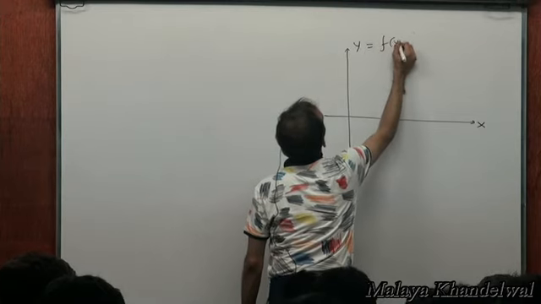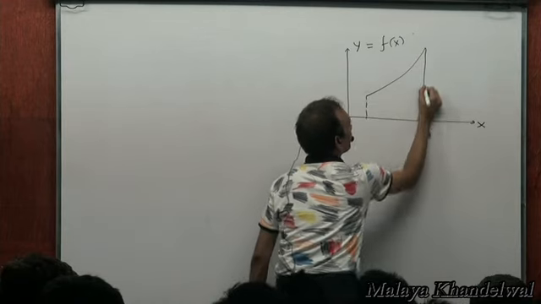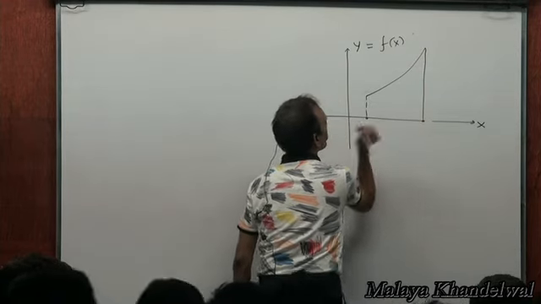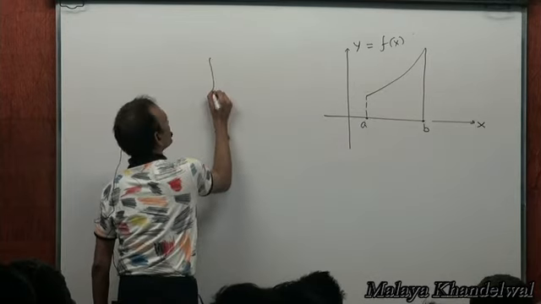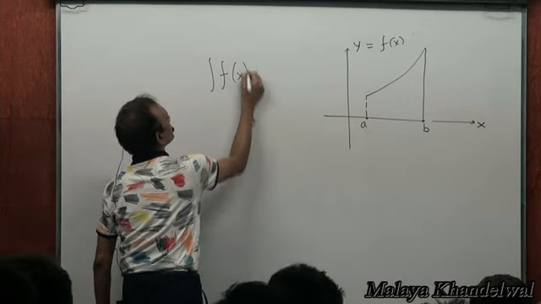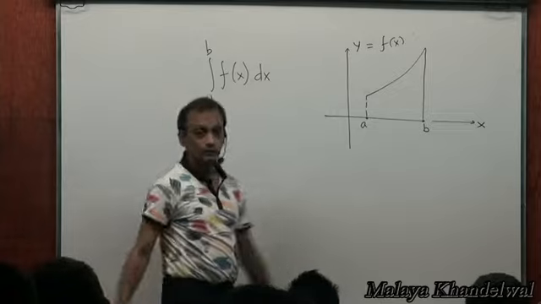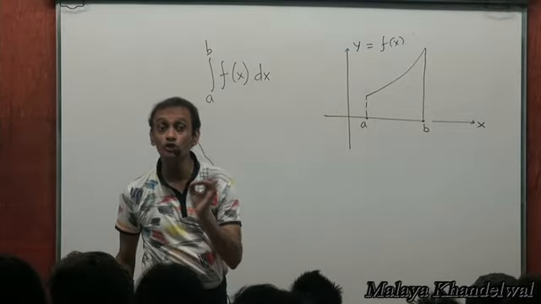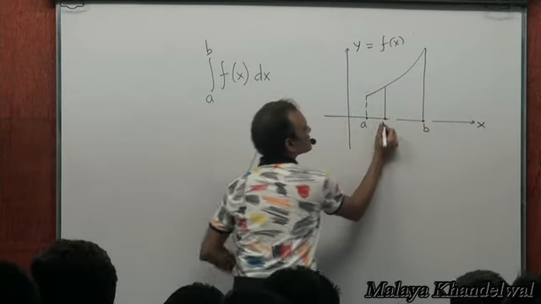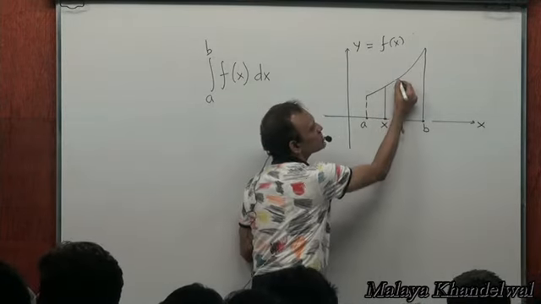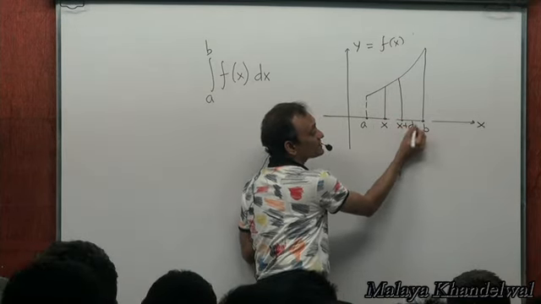When I talk of integral fx dx, x equal to a to x equal to b, then what I'm actually talking of is like selecting an x here, a small strip of thickness dx.